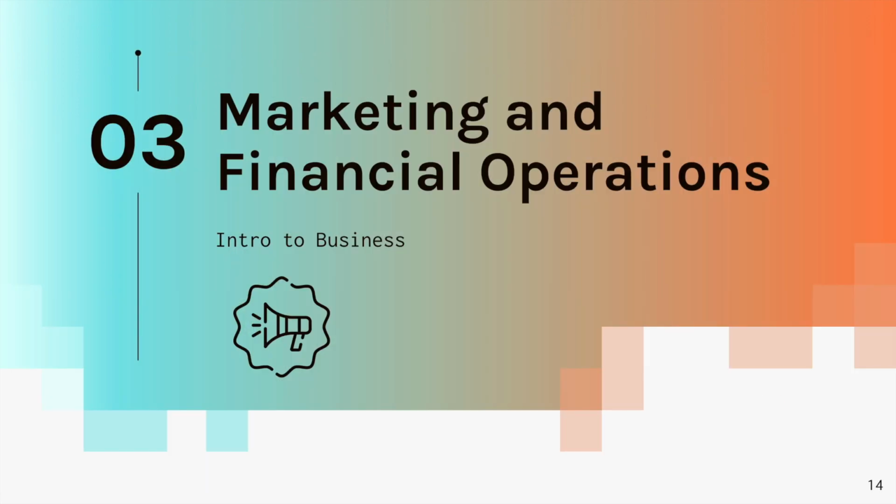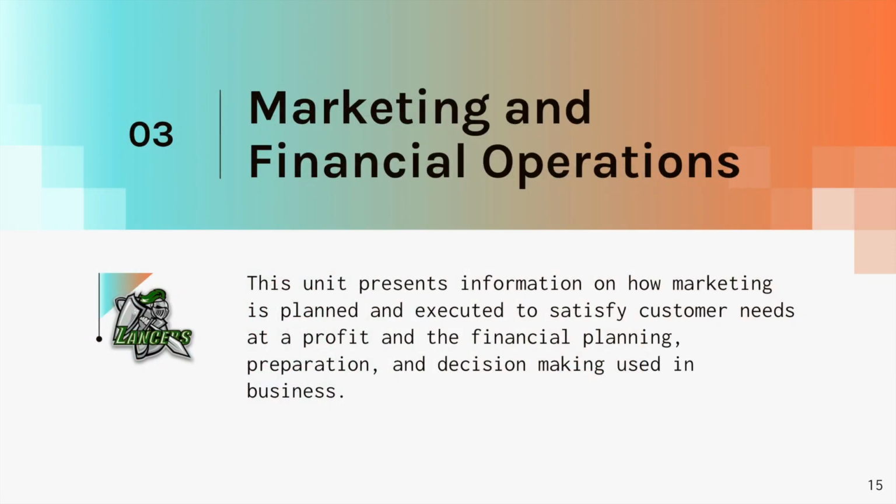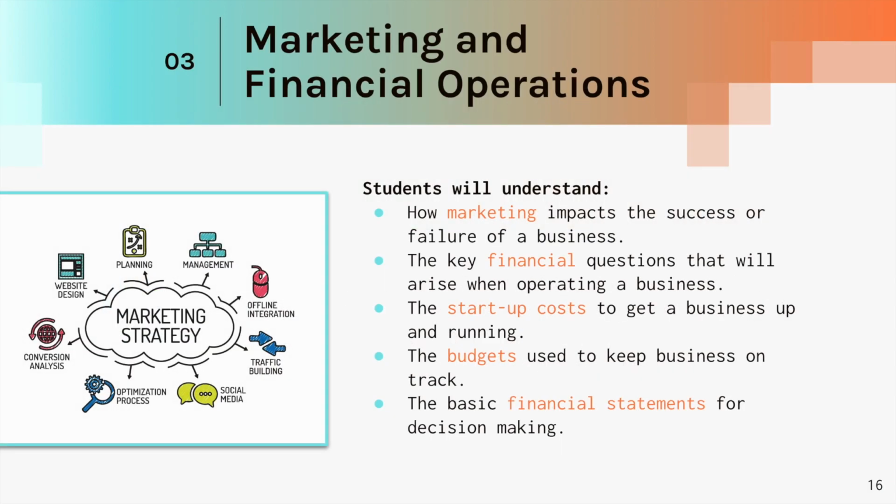Our third unit, Marketing and Financial Operations, students are presented information on how marketing is planned and executed to satisfy customer needs at a profit, and the financial planning, preparation, and decision-making used in business. Students will understand how marketing impacts the success or failure of the business.